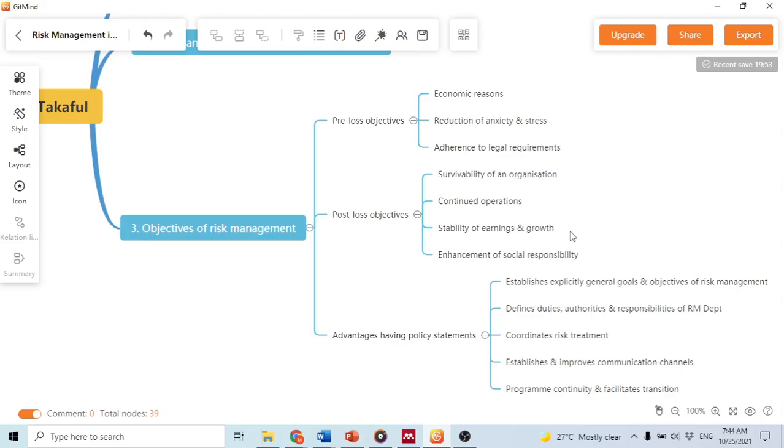And for example, in the case of a major fire at the factory, the factory has to be closed down for major repair. So the employees cannot come to work. So what happens to the employees? And then the company cannot operate, so there will be no sales, no production, no income to the company.